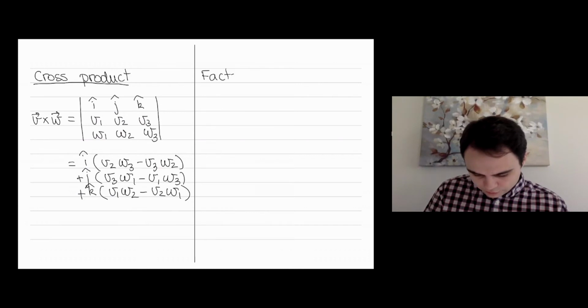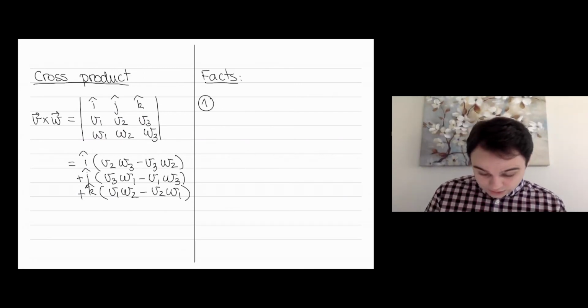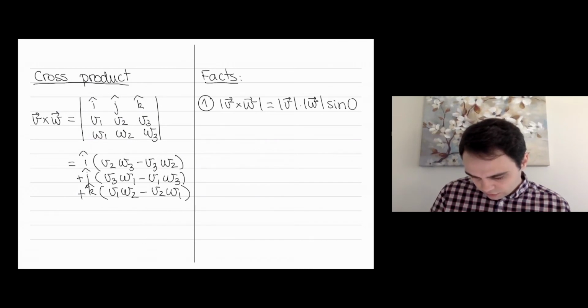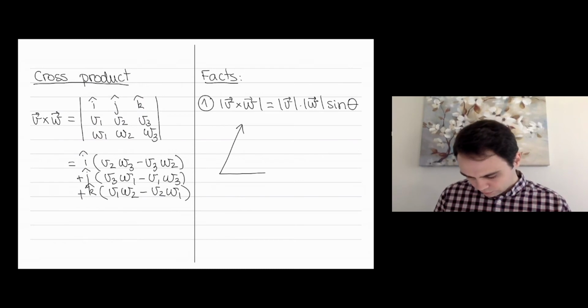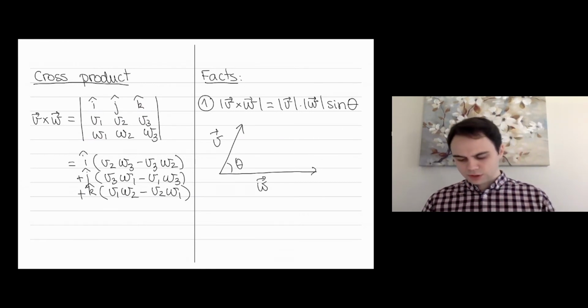So here are two facts for you. These facts will let us understand the vector. First, what's the length of the cross product? The first fact tells you that the length of the cross product is the length of the first vector multiplied by the length of the second times the sine of the angle between them. So here's the picture. This is V, this is W, and theta is the angle between these two vectors.